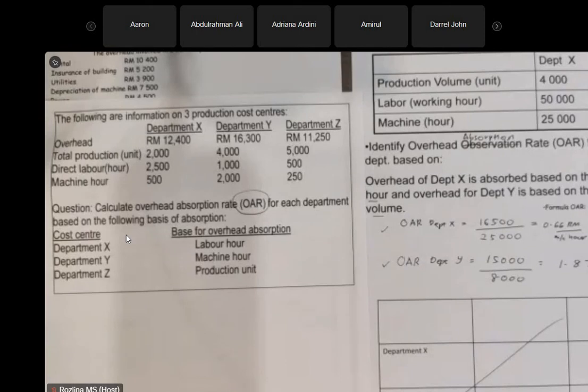How many of you have accounting course during your form 5? Siapa ambil accounting masa form 5? Ataupun maybe form 3?